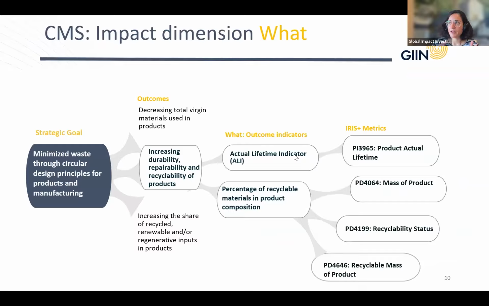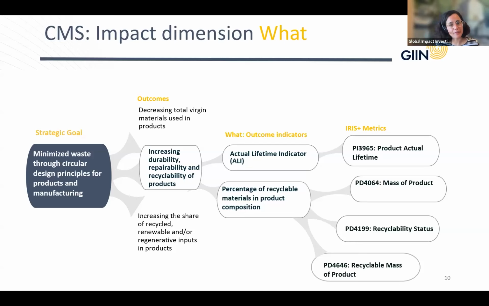So really the lifetime of a product as it is experienced by users, consumers in practice, versus the average lifetime of similar products in the industry. That's an outcome, and there are many different pathways, many different activities that an organization or investor could try to pursue in order to improve the actual lifetime indicator.